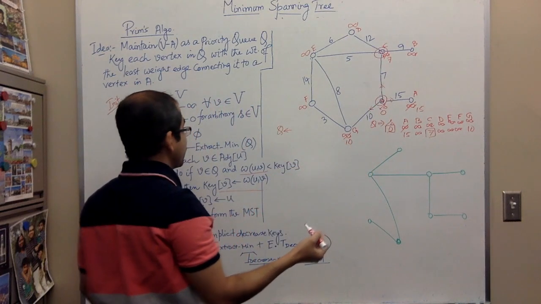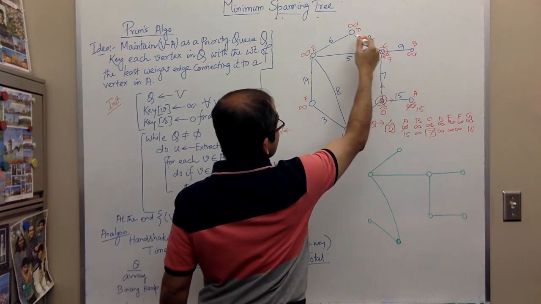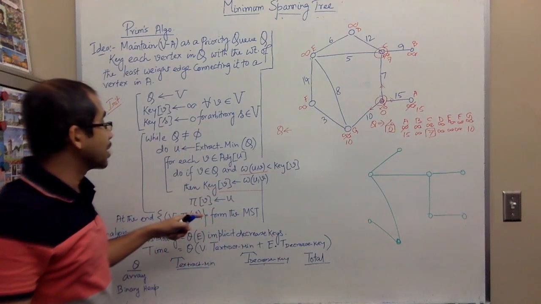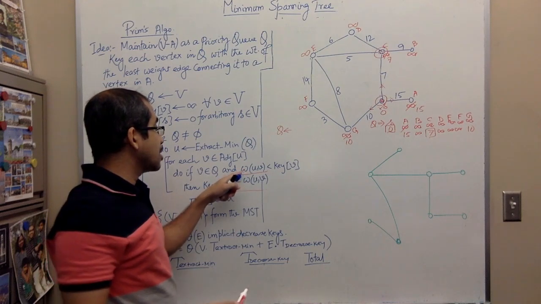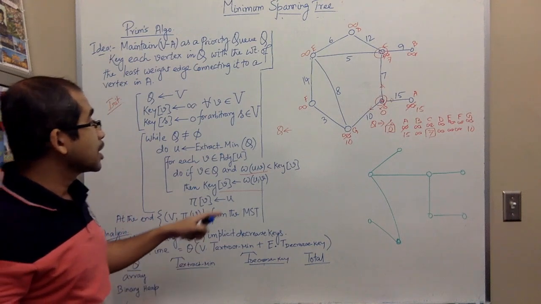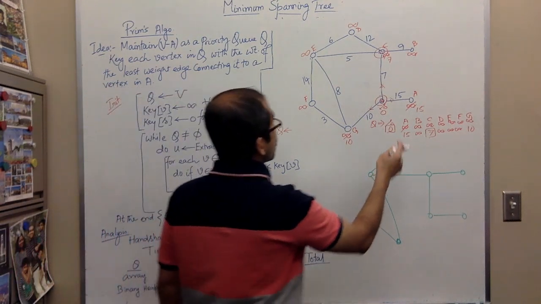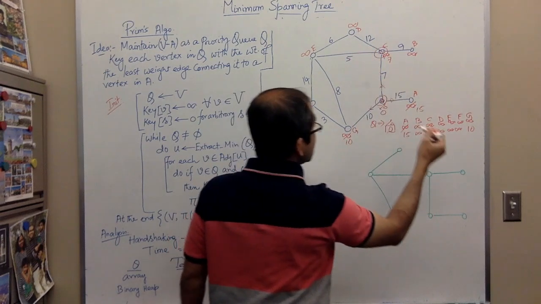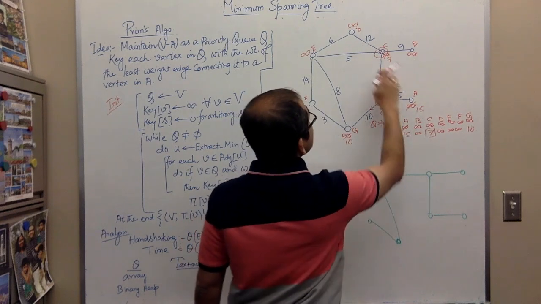S has been taken out before. So what are the still adjacent? B is adjacent, D is adjacent, and E is adjacent. So now you check their distance estimates, the weight estimates, and replace them with the edge connecting them with those vertices if the estimates are higher. Like from C now, it's B, D, and E. The distance estimate of B is, instead of infinity, 9.